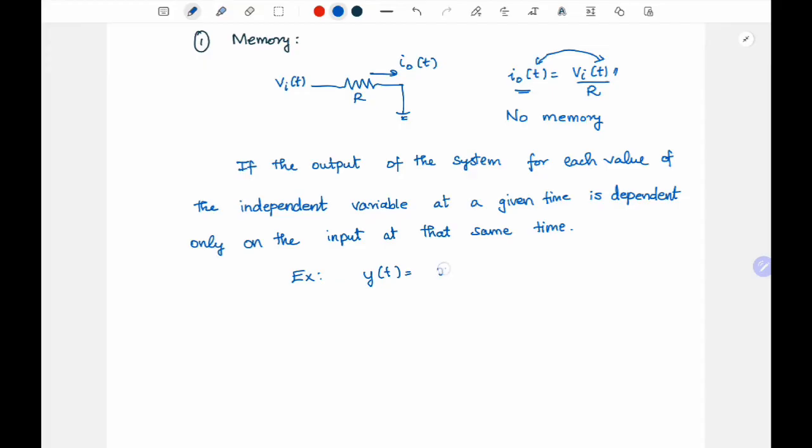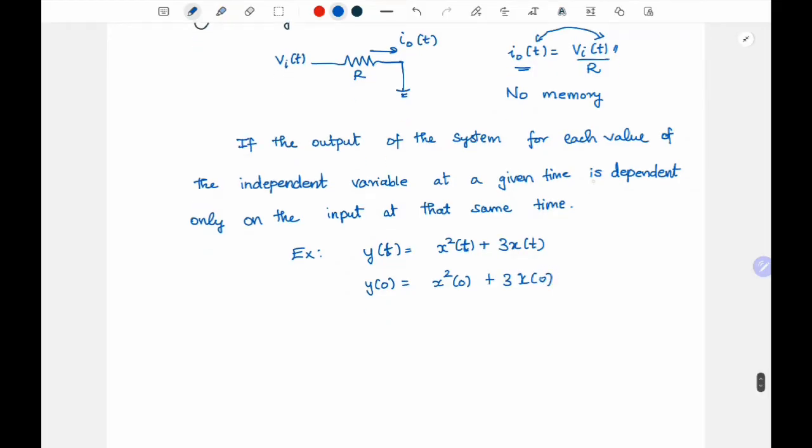So as examples, you can give n number of examples. One simple example is x squared of t. It can be any complicated also, plus 3x of t. But you can see only t is involved. So if I want to find y of 0, y at time t equal to 0, then it only depends on x at time t equal to 0, right? It doesn't depend on any other time instant.